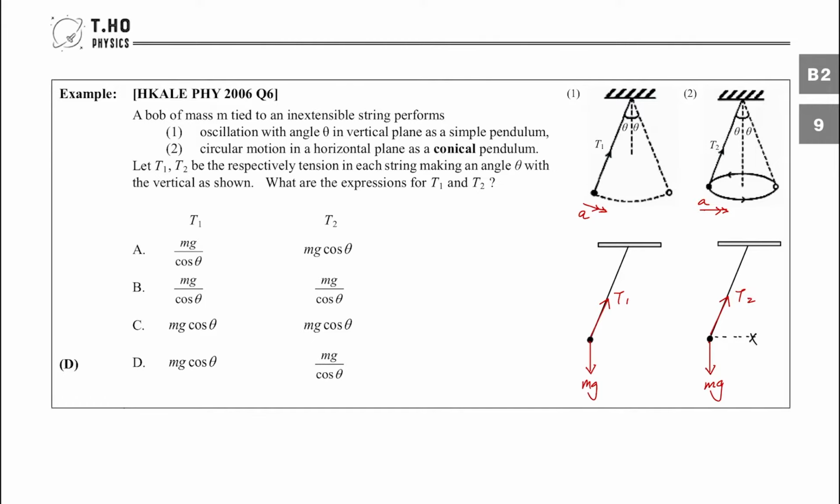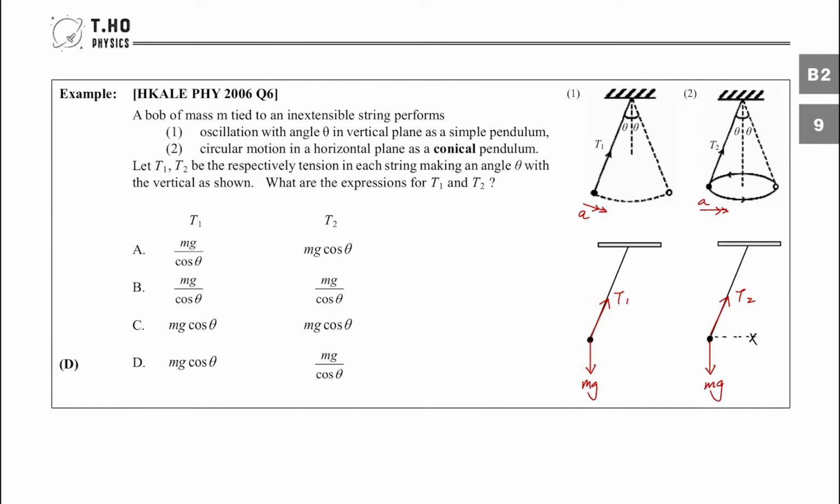It will not go up, it will not go down. The acceleration is completely horizontal. Therefore, when we try to resolve the force, we have to see which force acting on the bob is not along the direction of motion or not perpendicular to the direction of motion.